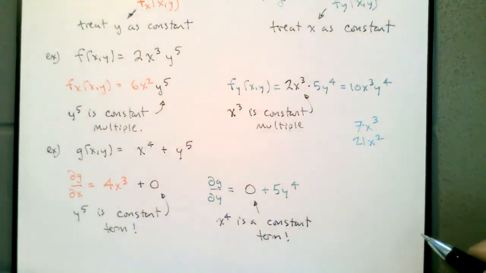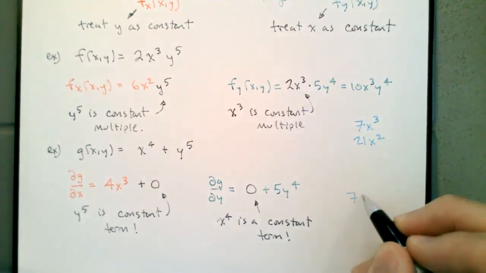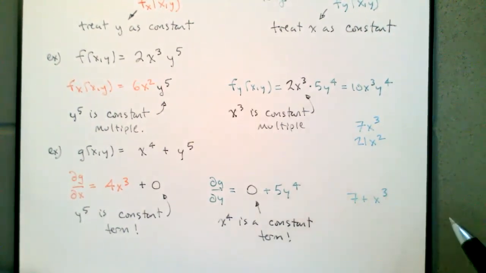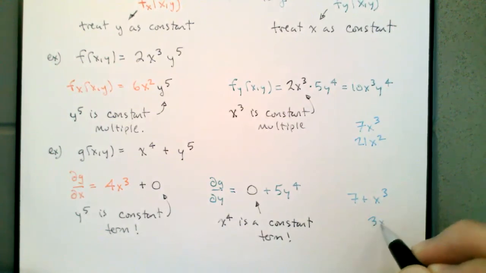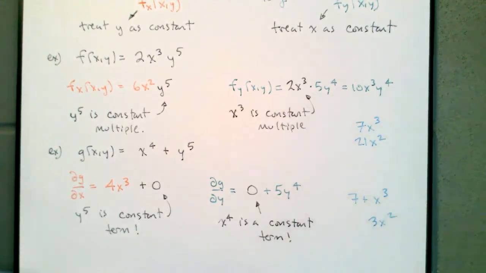In the second problem, it would look like 7 plus x to the third, and the derivative would just be 3x squared. So we're not doing anything new. We just have to remember some extra stuff.